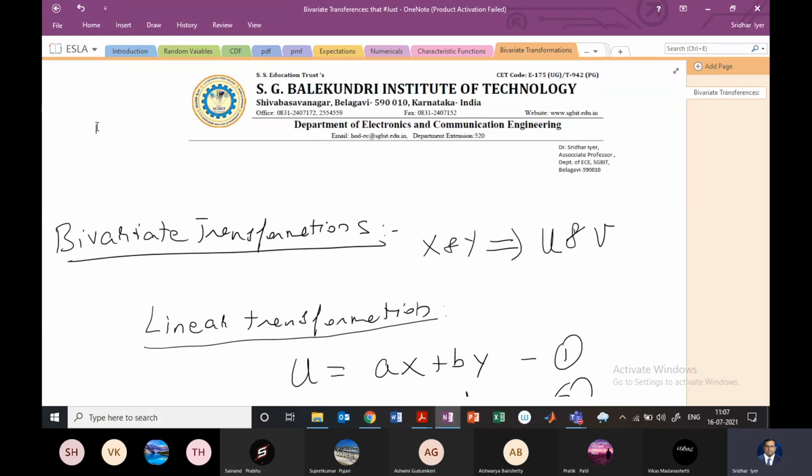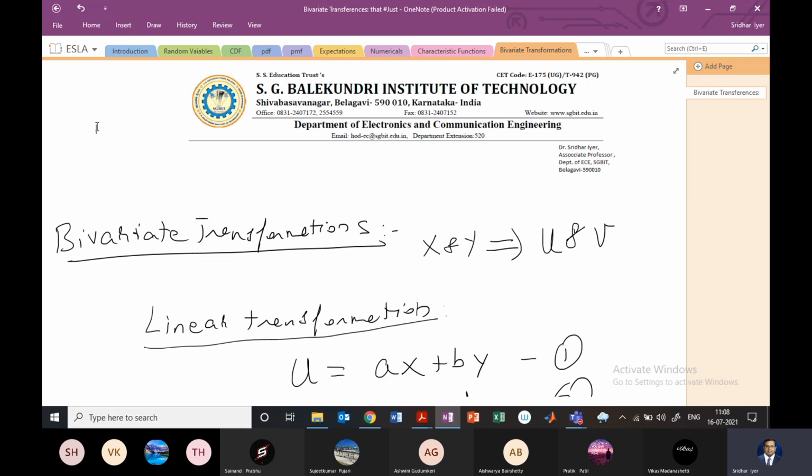And then what we have seen is how we can extend and find the CDF and PDF for such random variables, and we have seen that it is only an extension of the single random variable. So for example, if you have fx of x as the CDF or the PDF, in the bivariate case it will be fxy of x comma y, right?